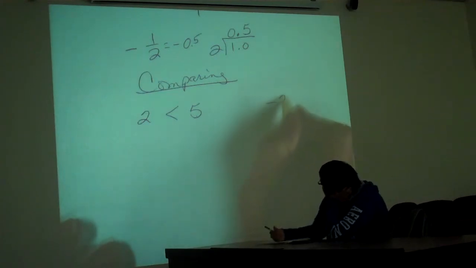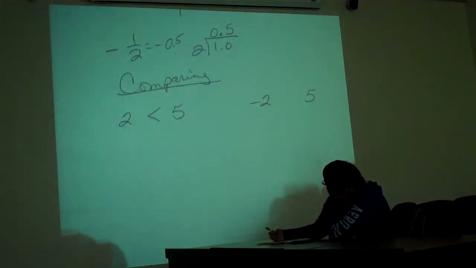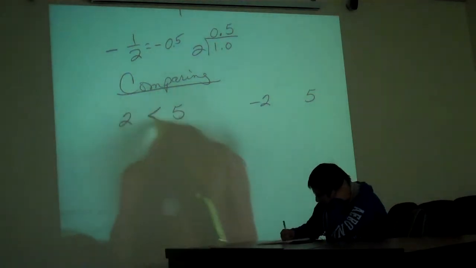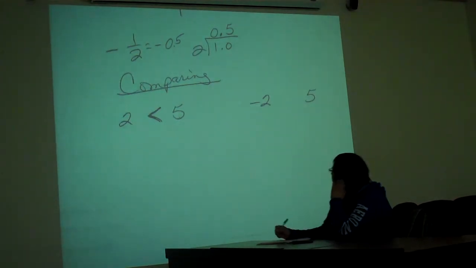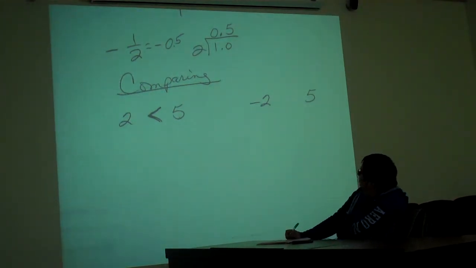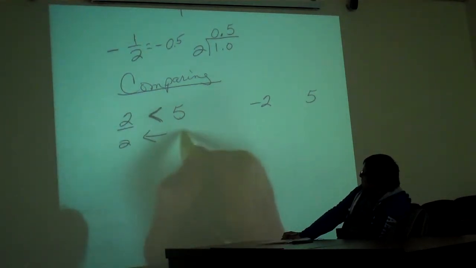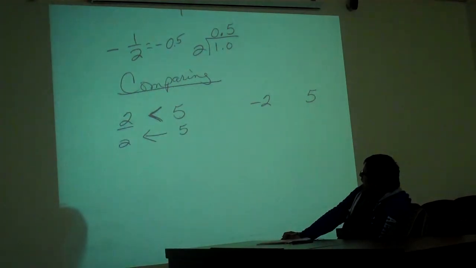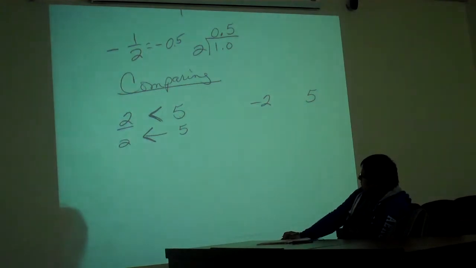Let's say a -2. Is that still less than 5? Yeah. This greater than, less than sign, what you can do is think about it telling you which direction it is on the number line. The 2 is to the left of the 5 on the number line. So you can use that part of the arrow.